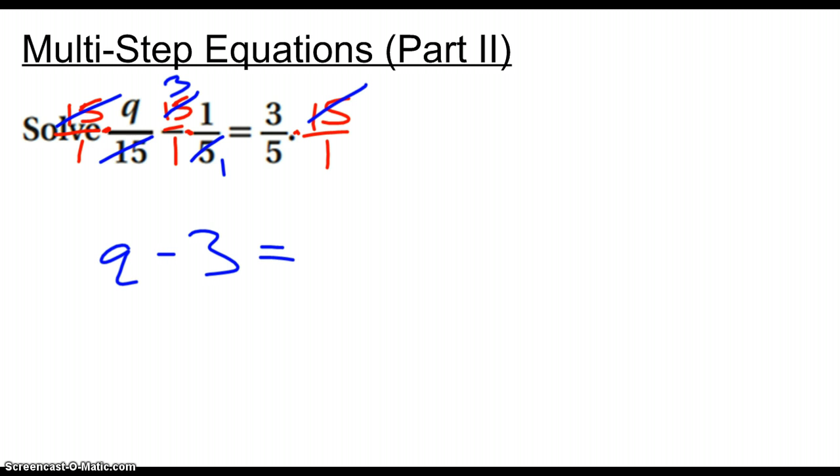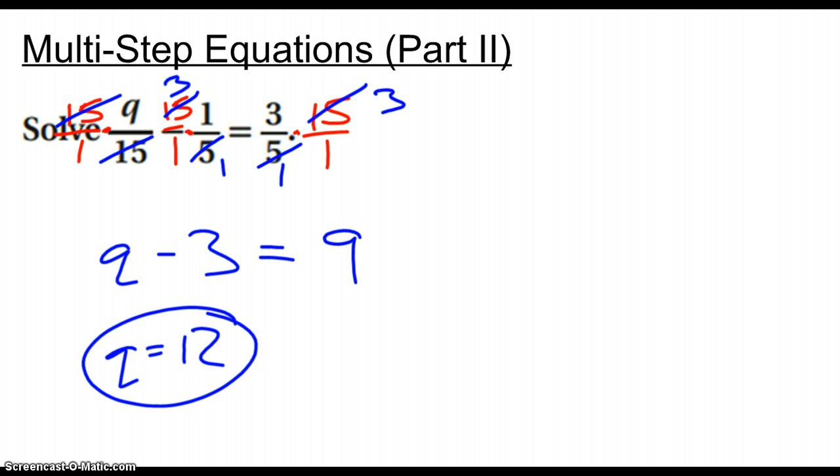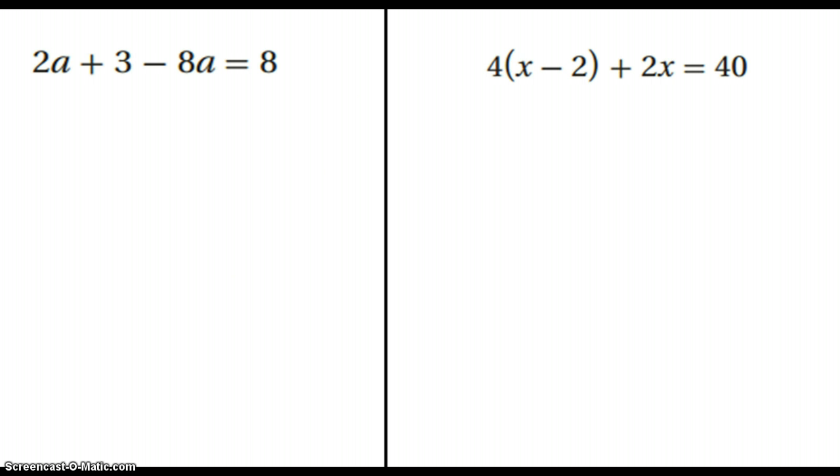And then same thing here, I can divide by 5, and I get 3 times 3 over 1 times 1, or 3 times 3, which is 9, and then we get the same problem that we got before, and q will still equal 12. So that's another option, another route. A lot of people like that because they don't like fractions, and they like to clear them. I'll talk with you more about that in class.